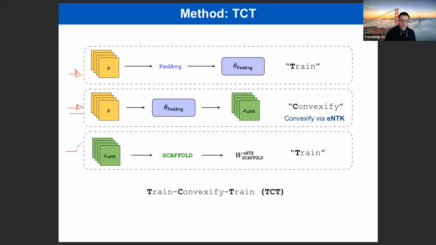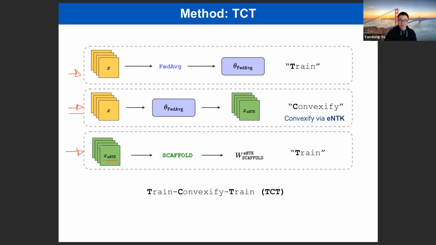And after this, in practice, we found that we can reduce the dimension to 10% of the number of parameters for this ENTK representation. You can interpret this as having much fewer dimensions than the original model.